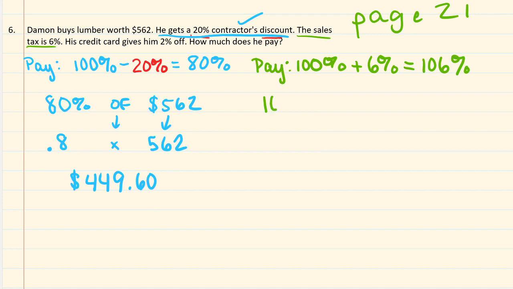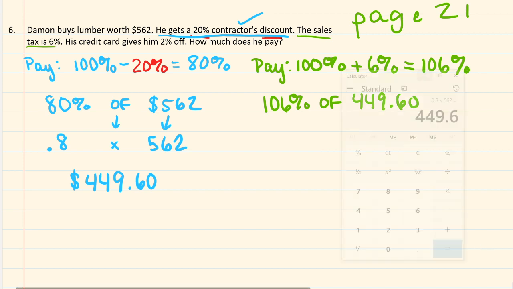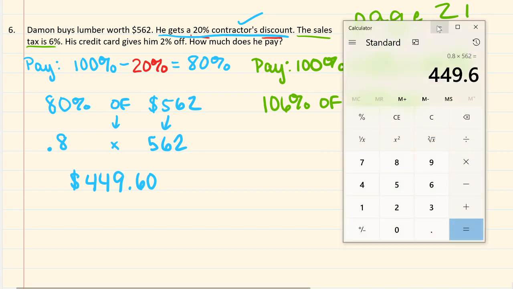So we need to figure out what is 106% of this number right here. Oh, I wrote 100 instead of 106. 449.60. Okay, I'm going to get out my calculator. Oh, first let me write down what to type in.